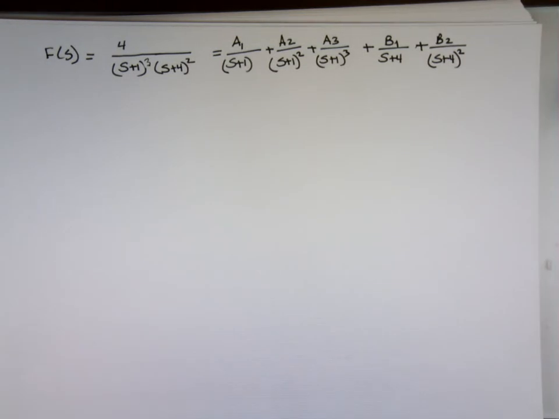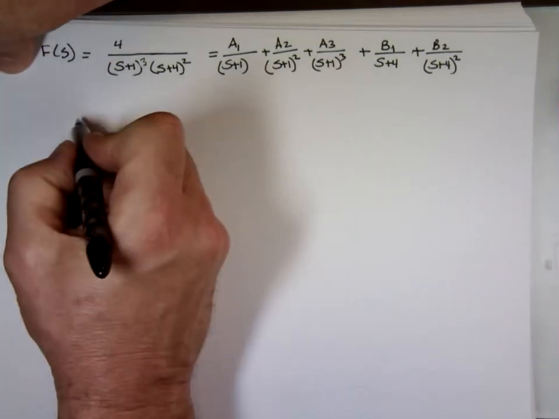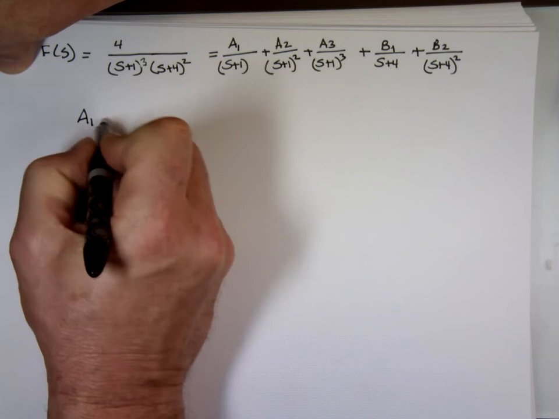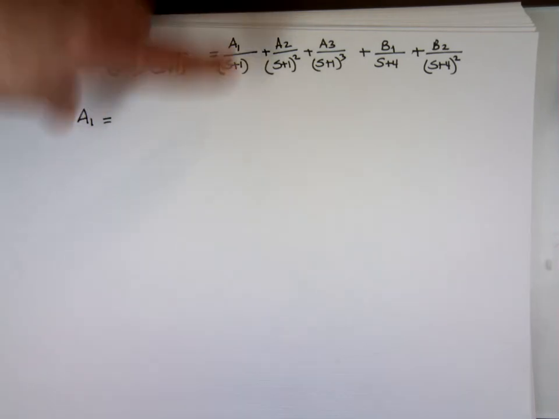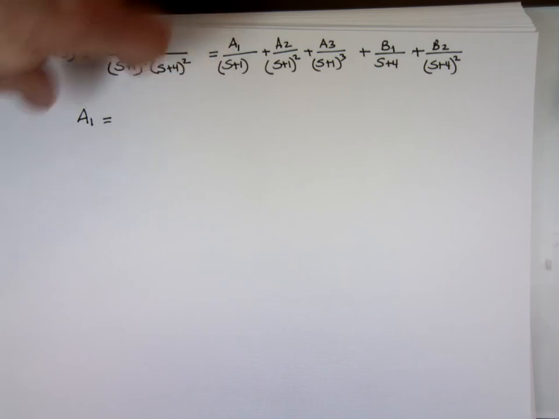I can find a and b quickly, or a1 and b1. That's what I meant. So a1, notice a1 is sitting on top of s plus 1. So you go to the original problem, and you take all of s plus 1 out.